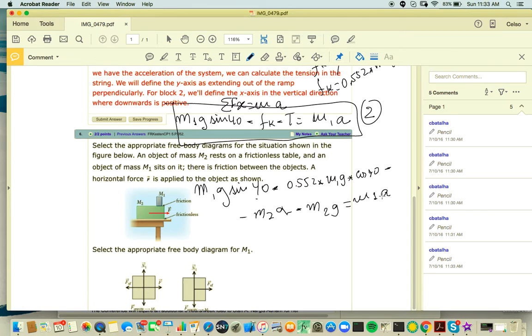And then you can find your acceleration, right? You put everybody on one side of the equation and then the problem is done.